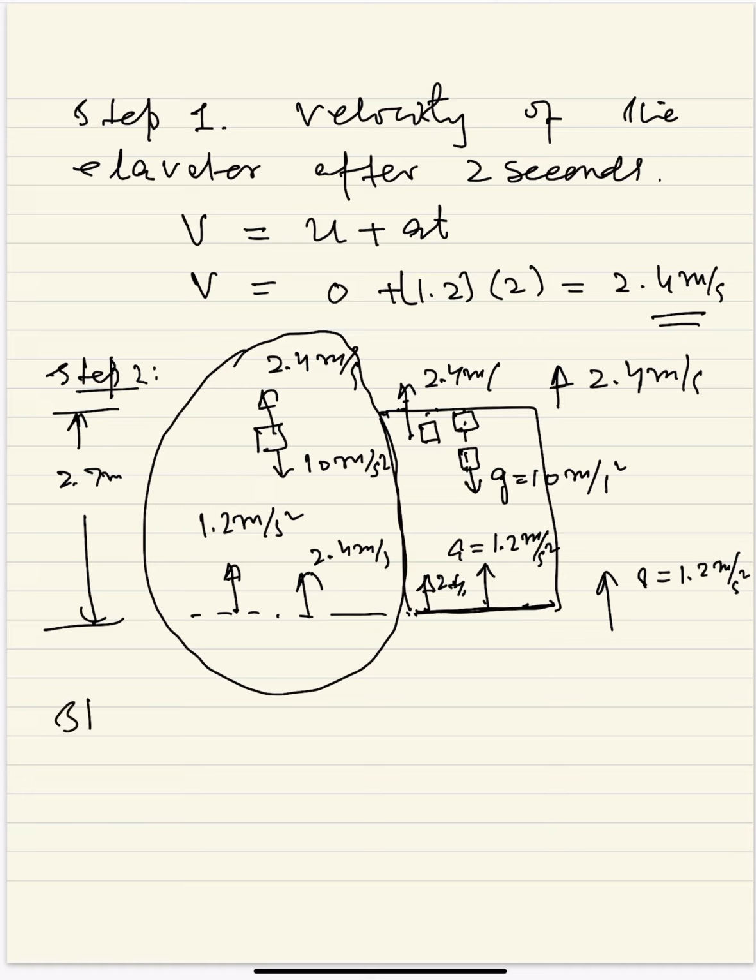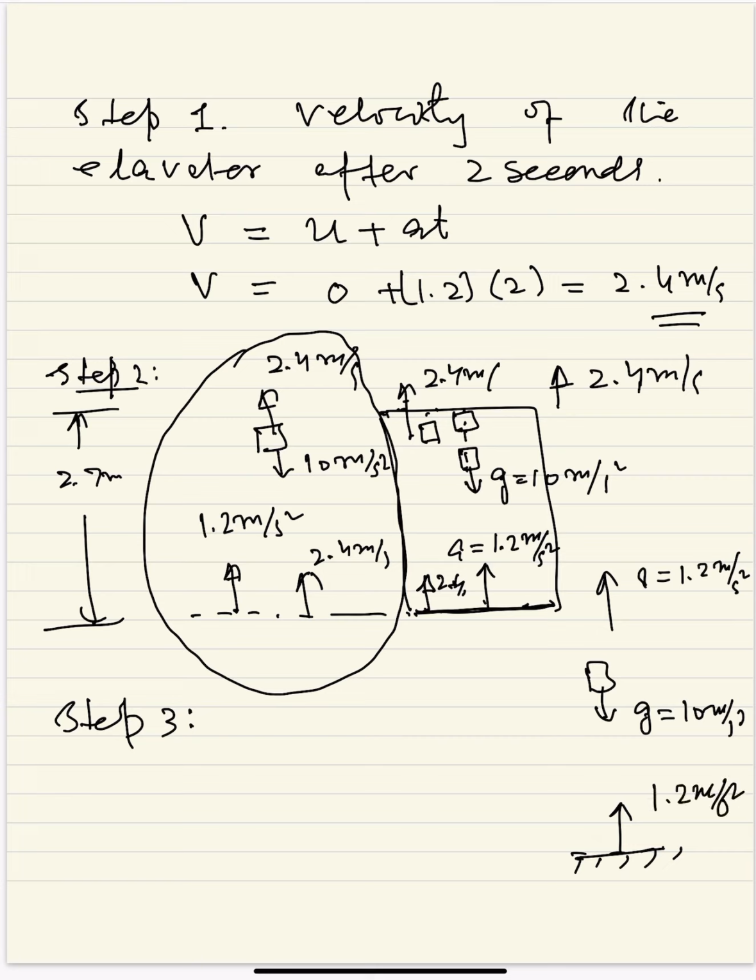Step number 3. Now you see the bolt is accelerating down. g is equal to 10 meter per second square, and the bottom is also moving up. Bottom of this elevator is moving up with acceleration 1.2 meter per second square.